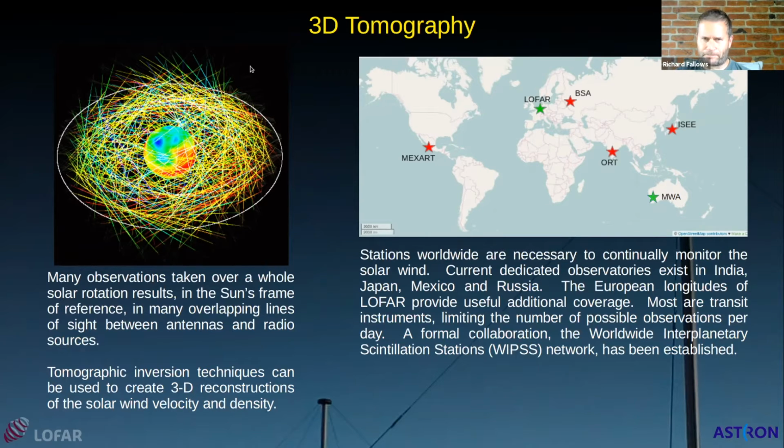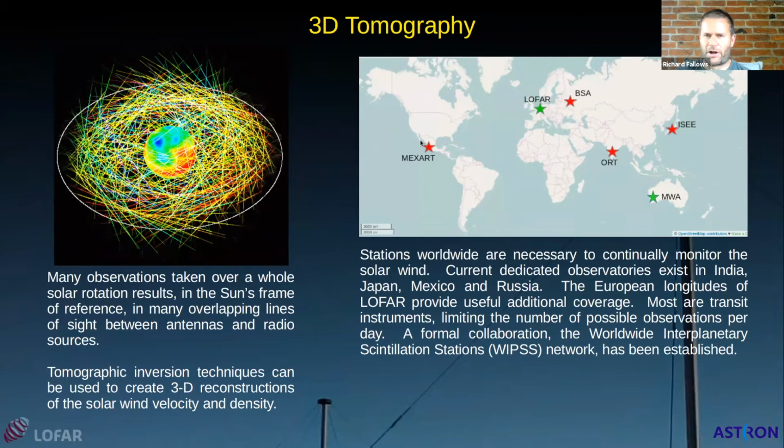There are a number of stations worldwide which are really necessary to continually monitor the solar wind to be able to do this. The current dedicated observatories: the primary one is the ISEE instrument in Japan, which is observing every single day throughout the year. The MEXART system in Mexico has been in existence for a few years, but they've had some difficulties.